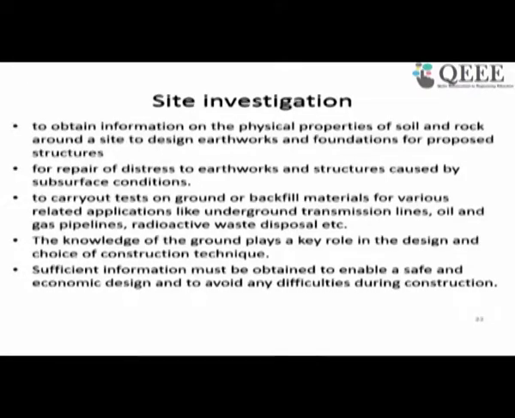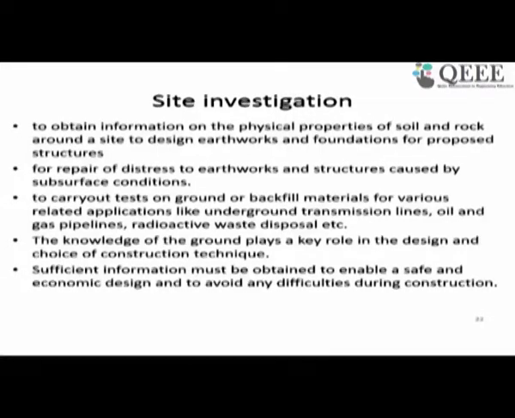Many times you may have to go for some repair work for the distressed structures, to carry out test on ground or backfill materials. Many times various other applications like transmission lines, oil gas pipelines, radioactive waste disposal, you need to have a proper site investigation.